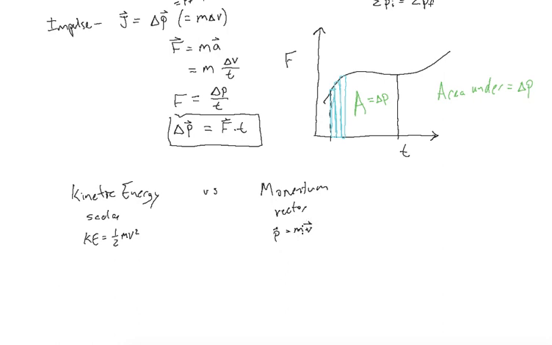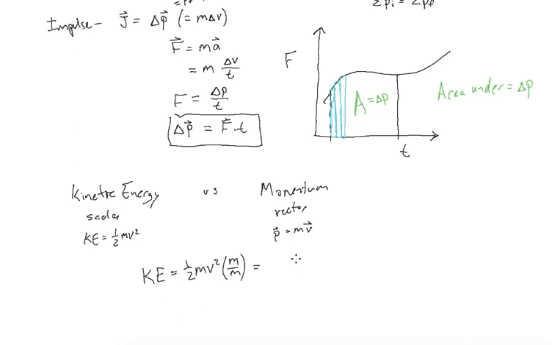But you notice these two equations are pretty close to each other, and we can actually relate them. So let's take kinetic energy equals 1/2 mv squared, and I'm going to multiply this by m over m.